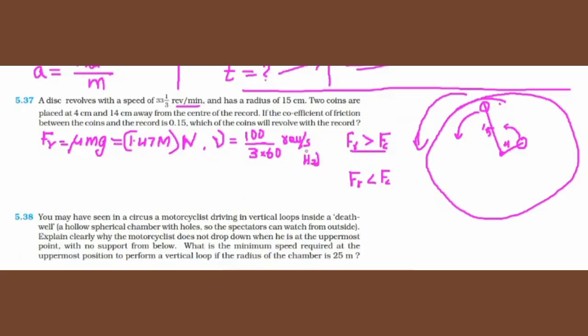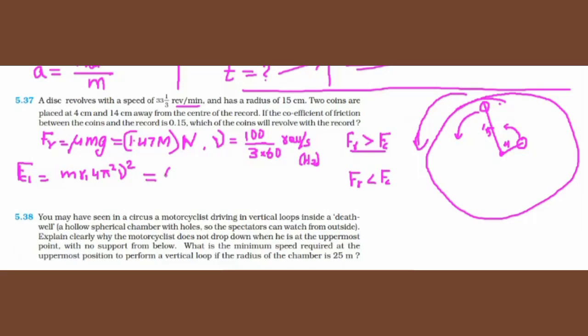That is frequency. Now centripetal force you have to calculate. Centripetal force for the first coin, we can take it as FC1 is equal to m R1, where R1 is 4 centimeter, then 4 pi square nu square. So find the value.